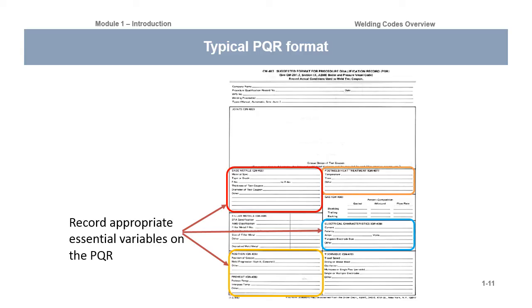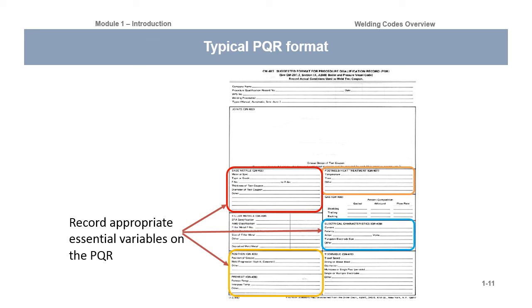So once we find out what our essential variables are, this is the document that we're going to record them on for the most part. You're going to list them on the WPS and the PQR. But the PQR, as I've explained before, is a document that supports the WPS. It's just the documentation that said we did the science experiment, we can bake the cookies, this is the first batch of them, this is how we did it.